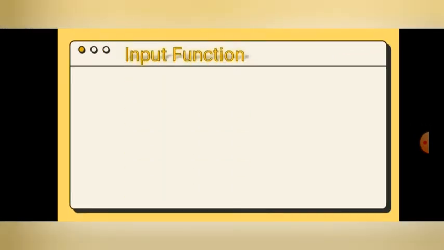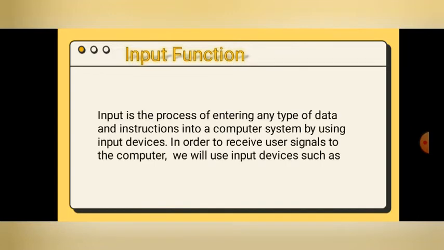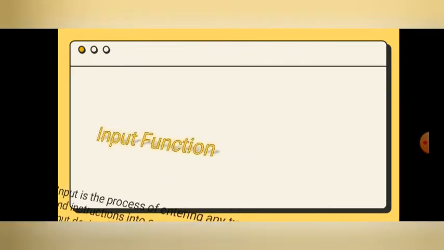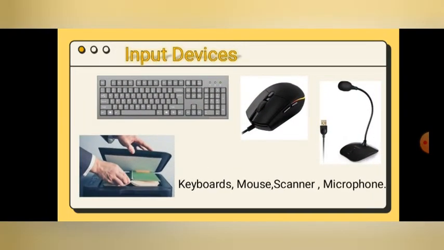Input function. Input is the process of entering any type of data and instruction into a computer system by using input devices. In order to receive user signals to the computer, we will use input devices such as keyboards, mouse, scanner, microphone.